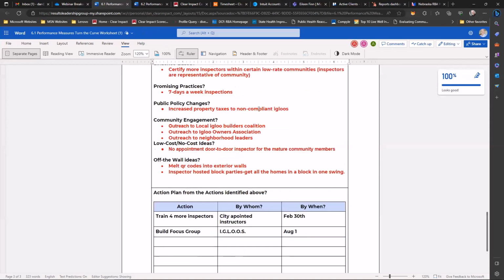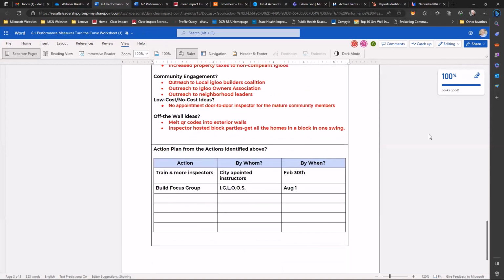And then we got to 2 actions: training more inspectors by the city appointed instructors, and then building a focus group that encompasses the Igloo Coalition, the Igloo Owners Association, and other opinionated folk.